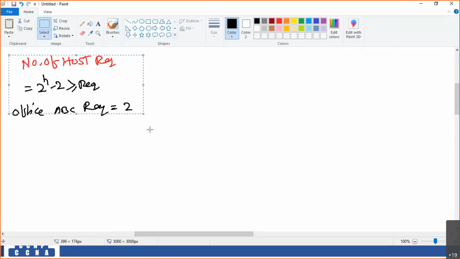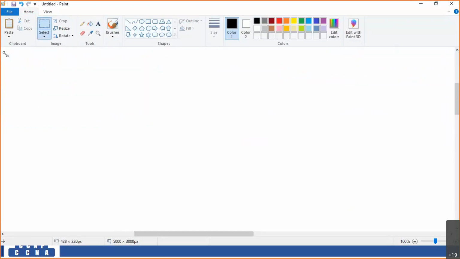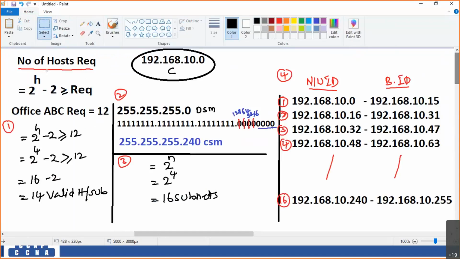Try to do this calculation based upon the number of host requirement.